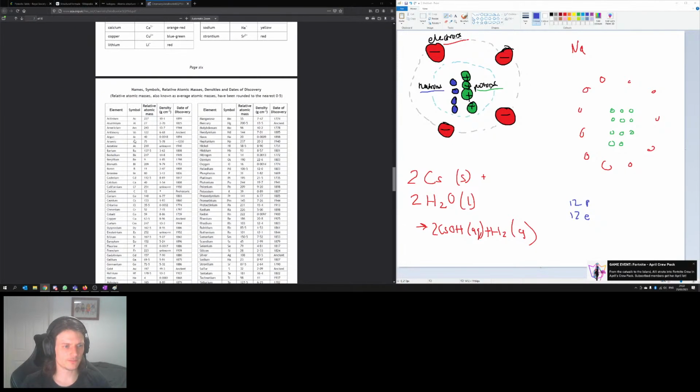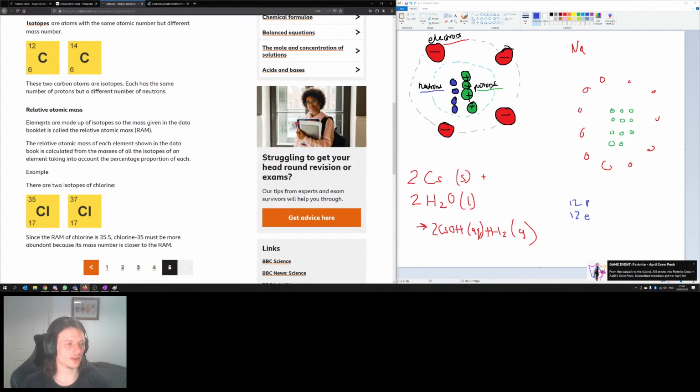Sorry, I'm trying to figure out what this is going on about. Elements are made up of isotopes, so the mass given in the data booklet is called the relative atomic mass.